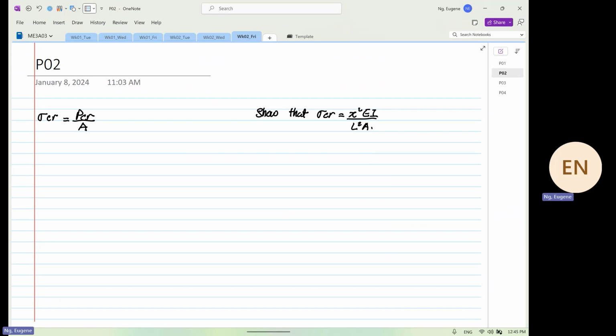So this will be equal to N squared pi squared over L squared, EI over A.